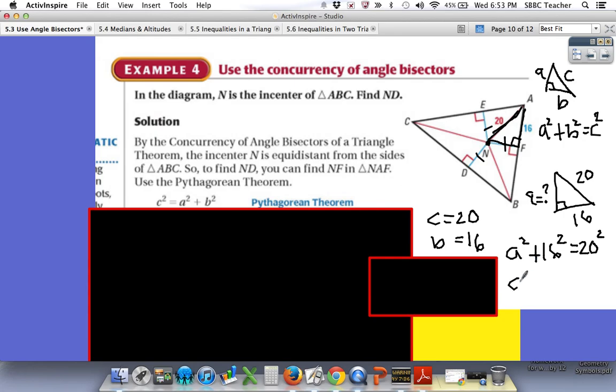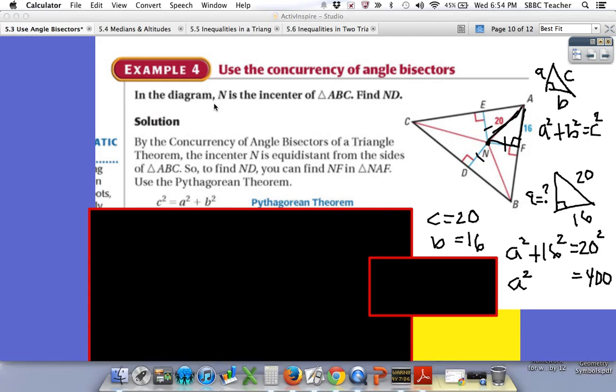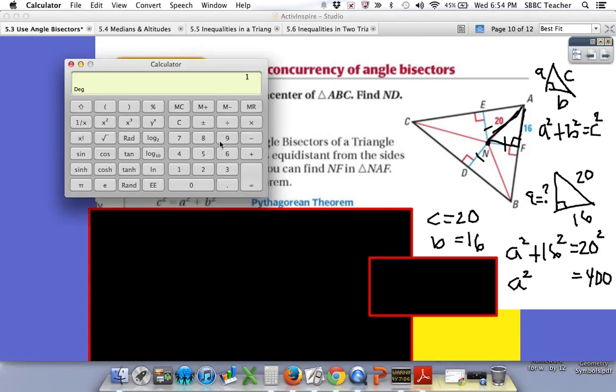And that is, 20 squared is 400, 16 squared is 256.